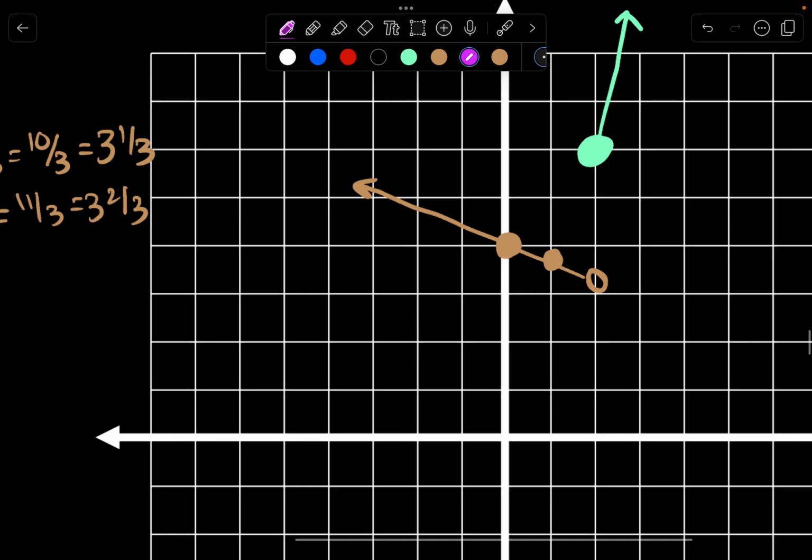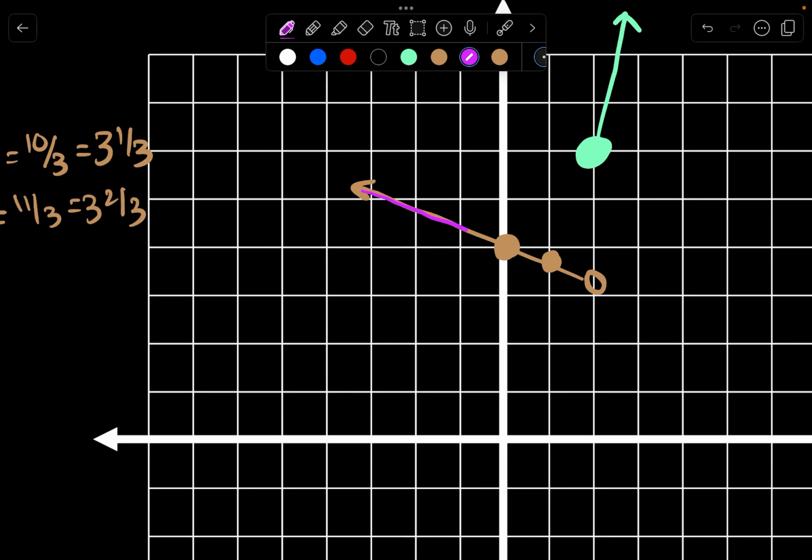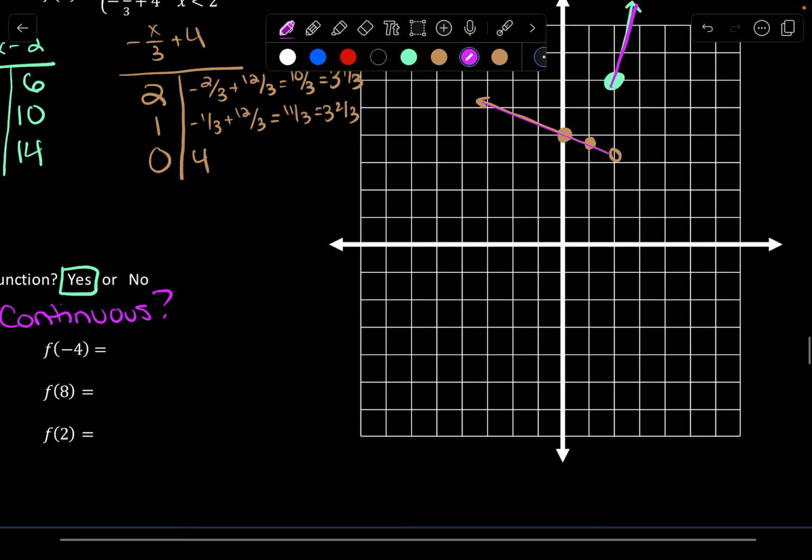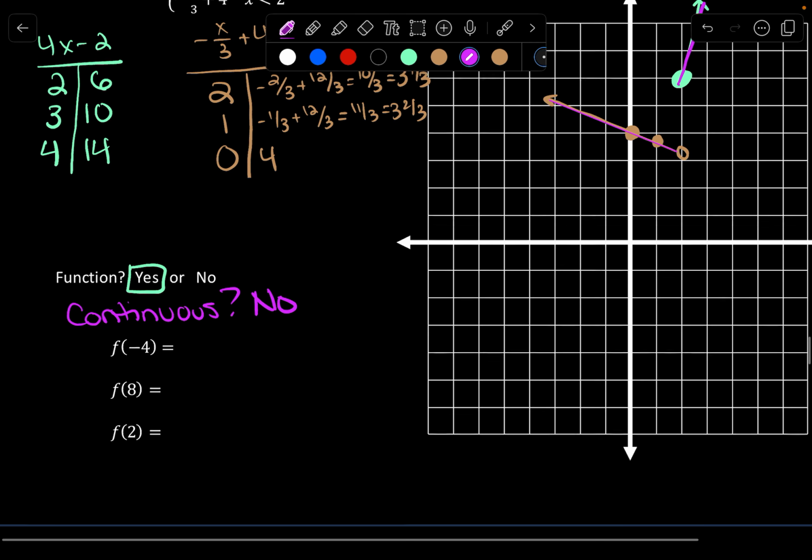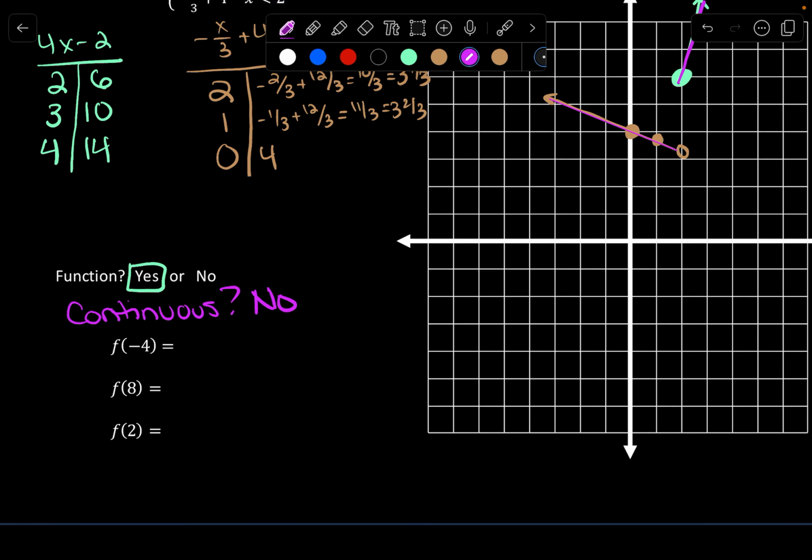Well, if I trace my pencil, I get to 2 and I can't continue with the rest of the function. I have to physically lift it up and then go up and retrace. So the answer is no, this is not continuous. And this is an example showing that one can be the other. Okay, so yes, it's a function, but no, it is not continuous.